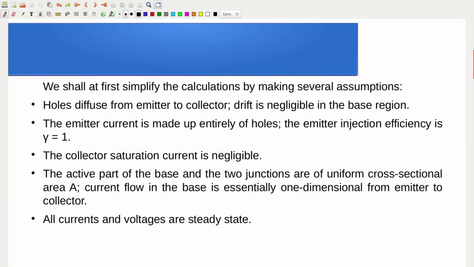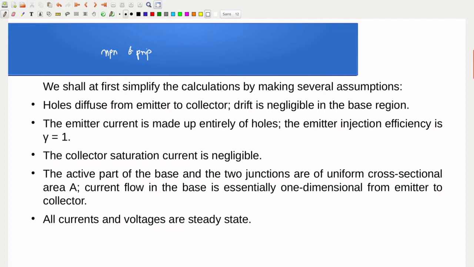In this session, we will be deriving an expression for the terminal currents of a BJT. And as you all know, there are two types of BJTs, NPN and PNP.